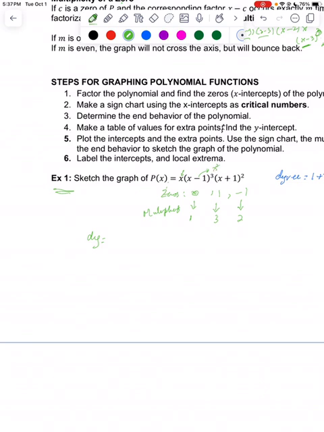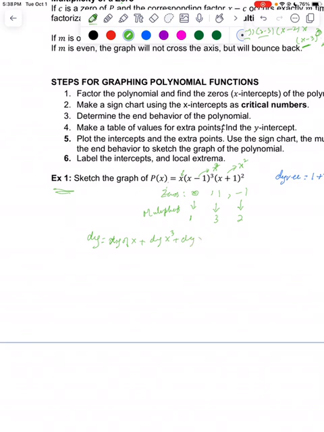So you add the powers. The degree is the degree of x plus the degree of x cubed plus the degree of x squared. So basically, you just say the degree will be equal to 1 plus 3 plus 2, which is equal to 6. That's how you get the degree.